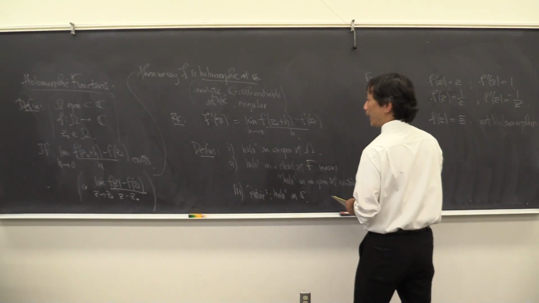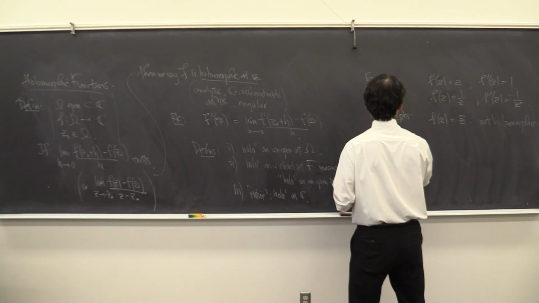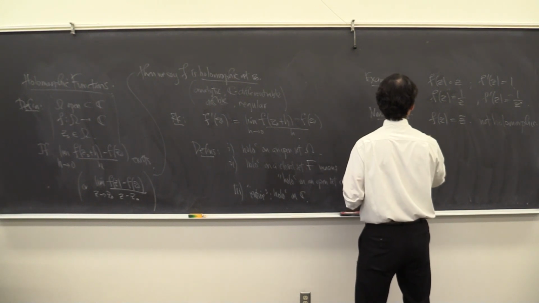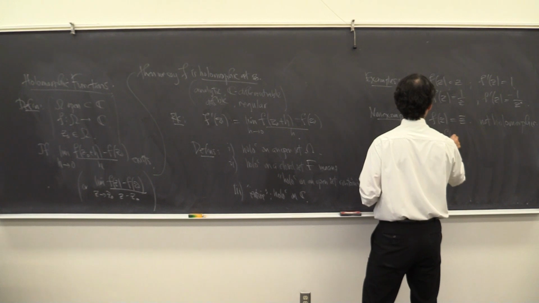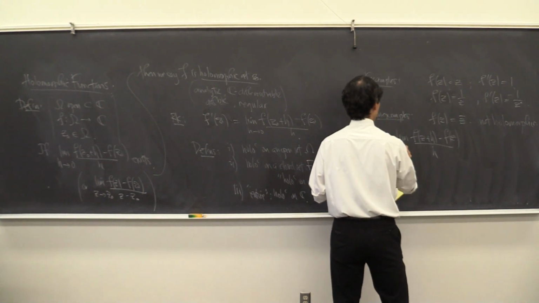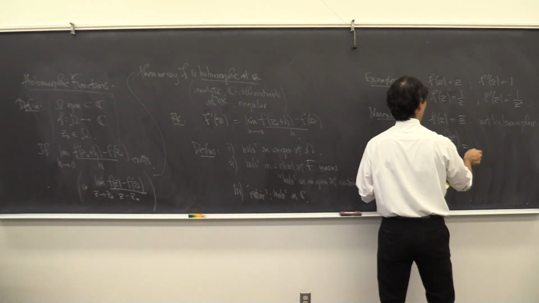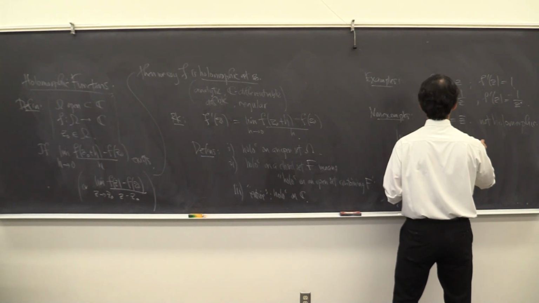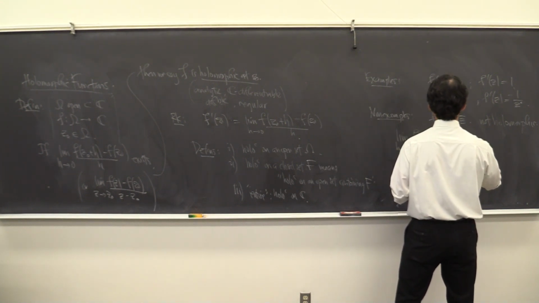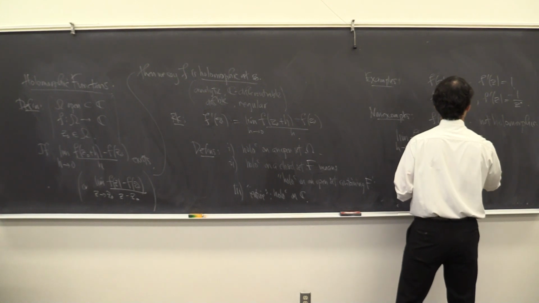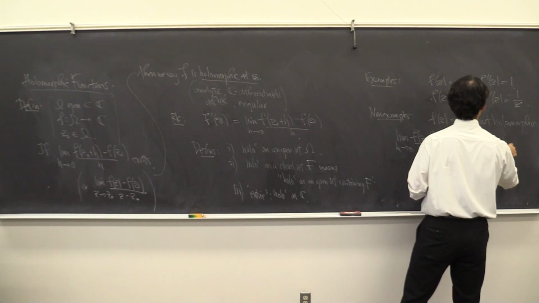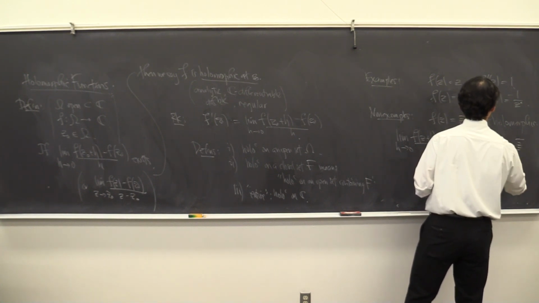Right? Because if you look at the limit of (f(z+h) - f(z))/h as h goes to 0, well, you're going to get (z̄ + h̄ - z̄)/h.